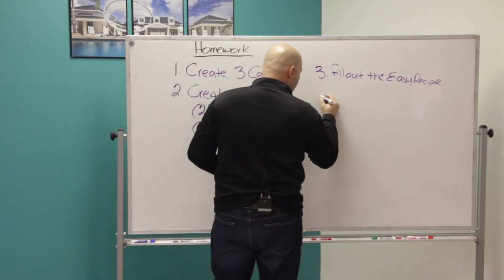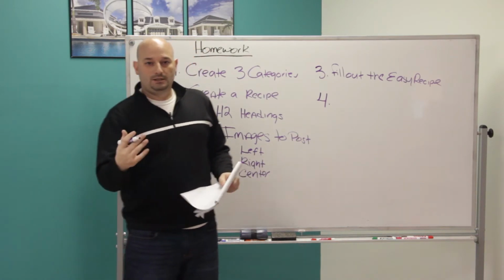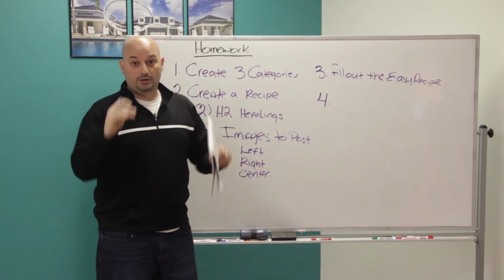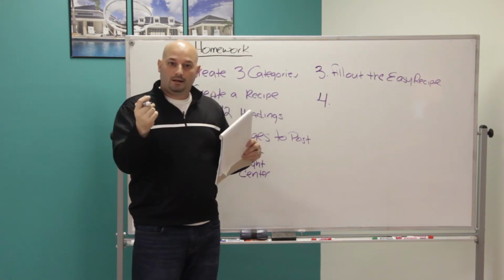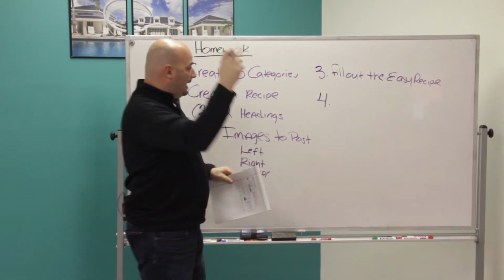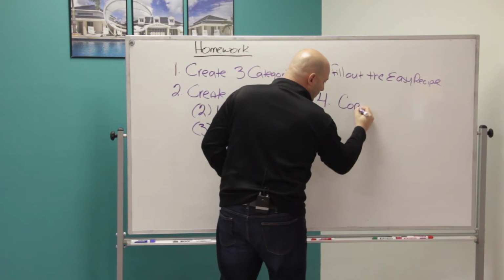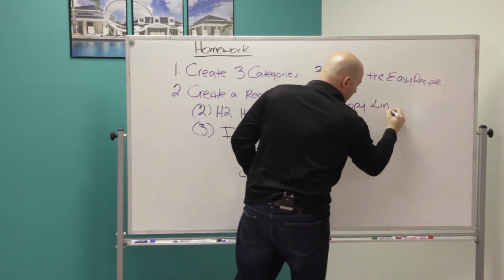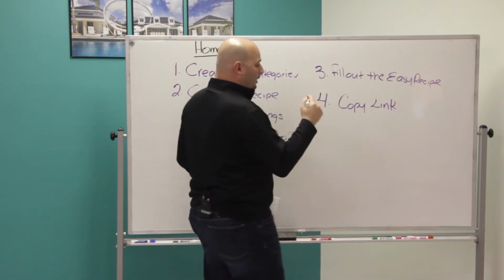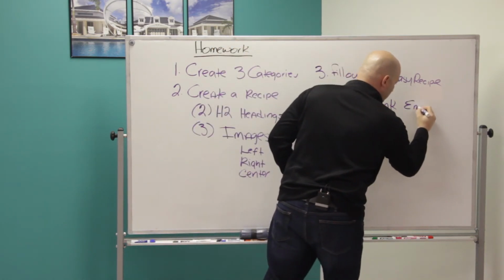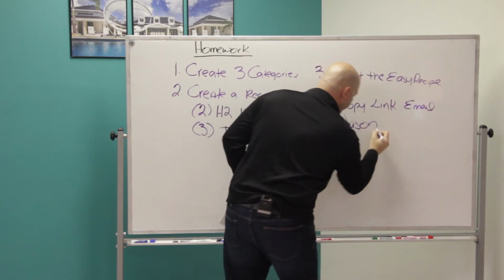Now the final step, and this actually is pretty easy. When you publish your post, right? So you put a title in and then you publish it. It creates a URL or a link right at the top. What I want you to do is take that link, so copy the link of the recipe, and I want you to email it to me. Okay?